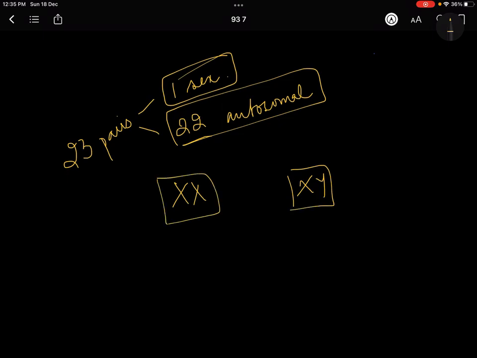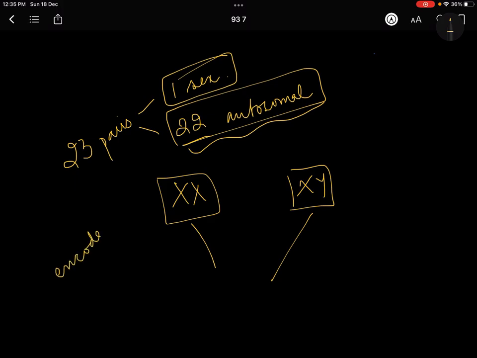Here the differentiation is there a little bit, but in autosomal there is no differentiation. It is almost the same in every person and inherited in a similar way. It doesn't depend on whether it is from the mother or the father.